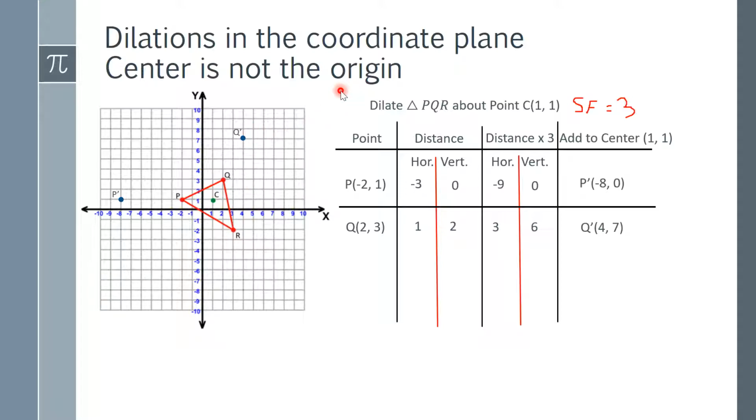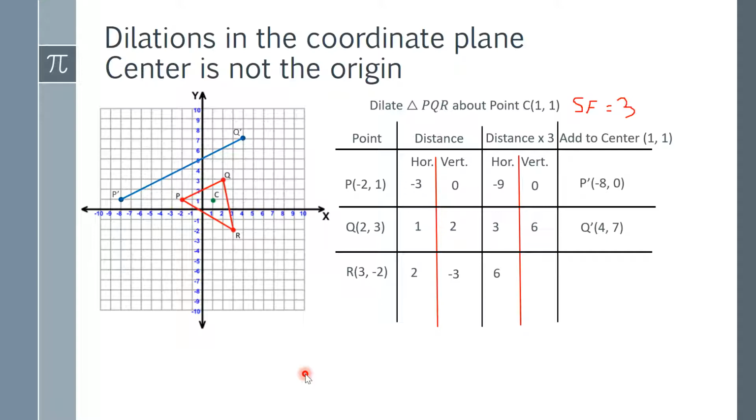And then finally, we're going to look at R, which is at (3, -2). Right here, (3, -2). And we're going to go from C to R, which is 2 units right, and 1, 2, 3 units down. So down is negative. So 2 units right is +2. 3 units down is -3.